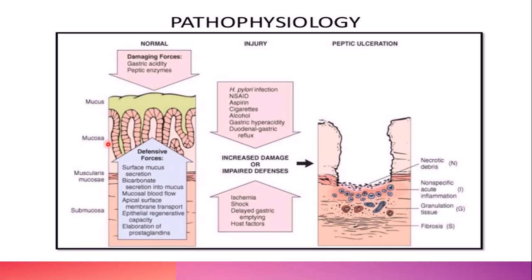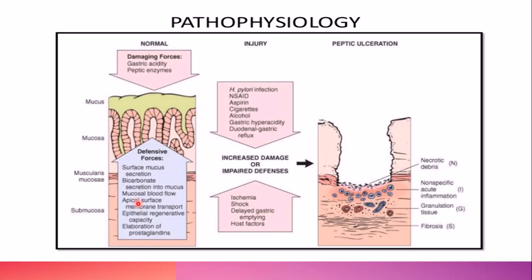So we have our defensive forces like surface mucus secretion, which keeps on secreting over here in this region, and then also bicarbonate secretion into the mucus. So to dilute the hydrogen ion from HCl, we have HCO3 minus, a bicarbonate. So we have bicarbonate secretion into the mucus to dilute the hypersecretion of HCl, to dilute the H plus ions.